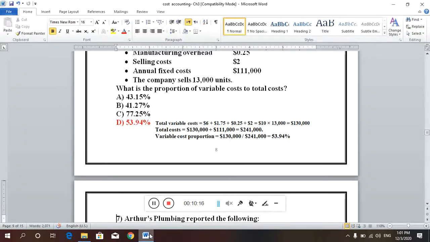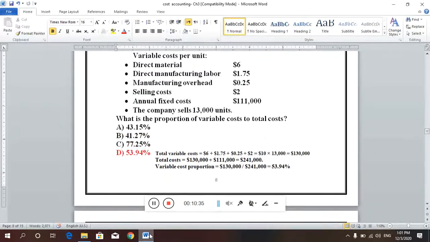So we will compute total variable costs first, and we will link it to the total costs. The total variable costs will equal variable costs per unit multiplied by units sold. The variable costs per unit here is given. Variable cost per unit is direct material plus direct manufacturing labor plus manufacturing overhead plus selling costs.